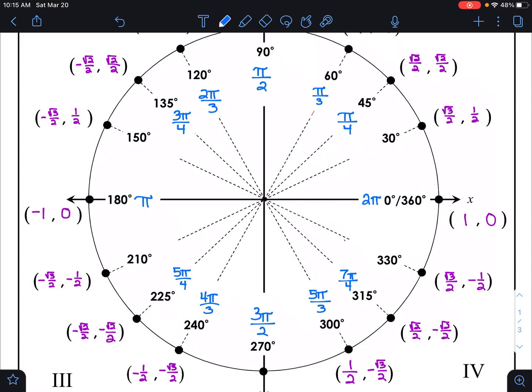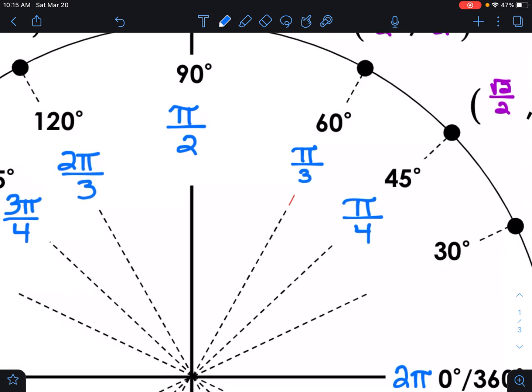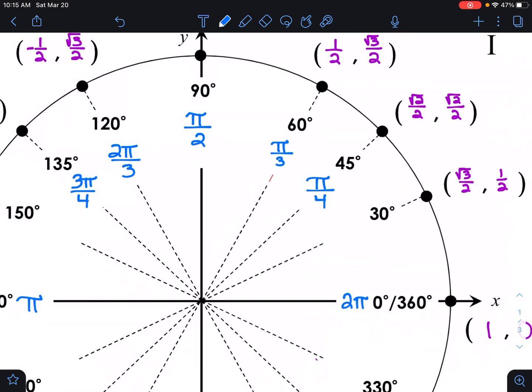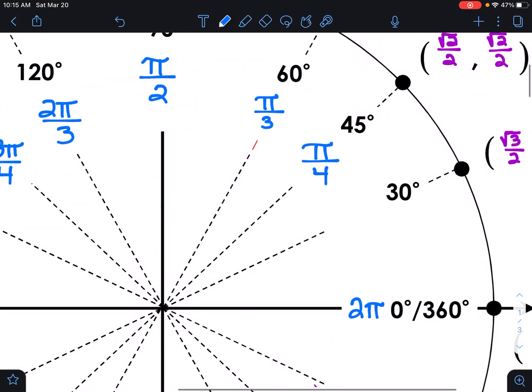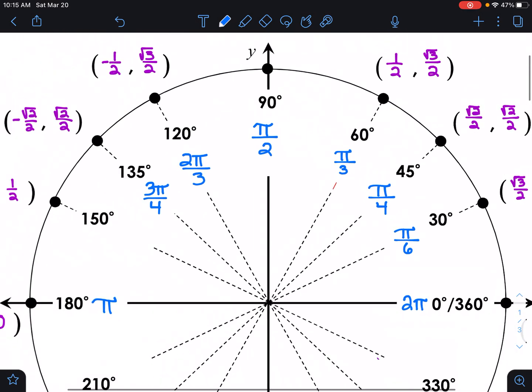Okay, so if 60 degrees is a third pi, then half of that would be half of 60 is 30, so half of a third is a sixth. So this is 1/6, or pi over 6.